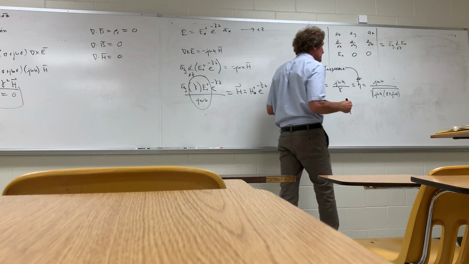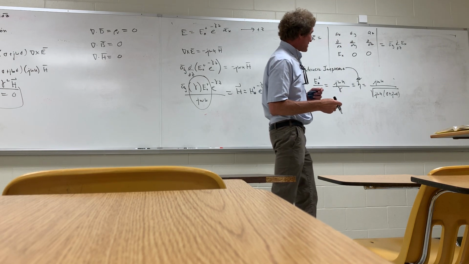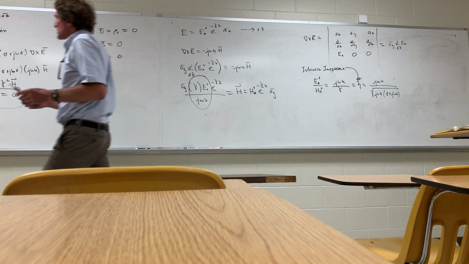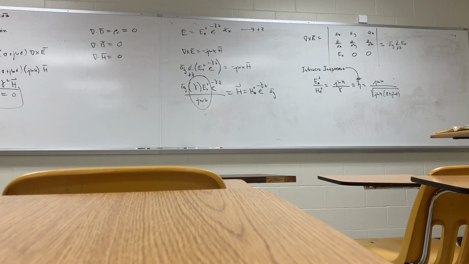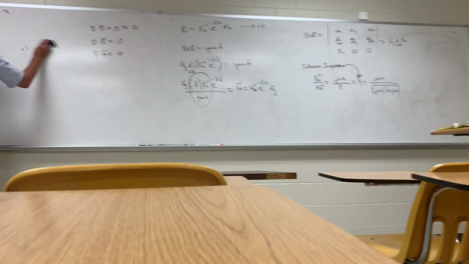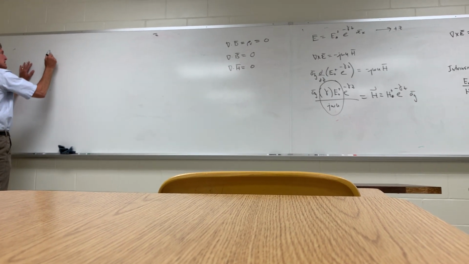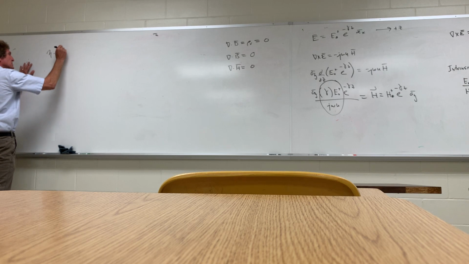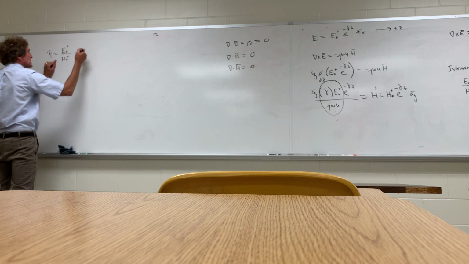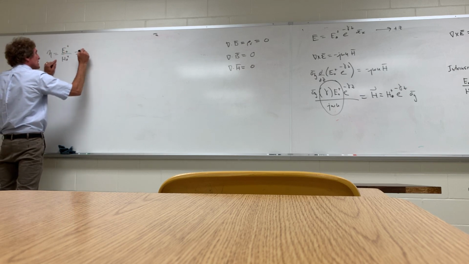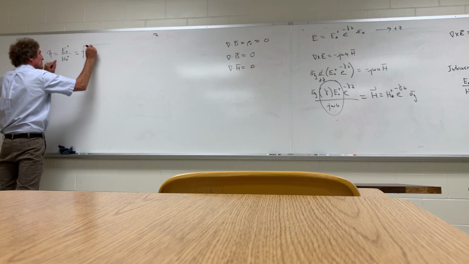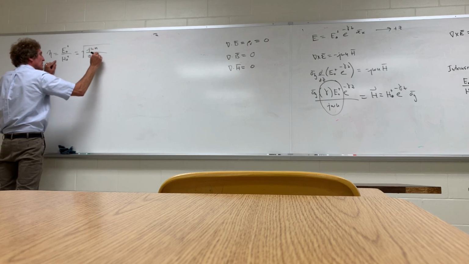Of the actual region. And I'll clean it up a little more. Let me do it right here so you can see it better. So I have eta is equal to the magnitude of E naught plus over H naught plus. Well, it's the ratio of these two, and it's equal to square root of J omega mu over sigma plus J omega epsilon.